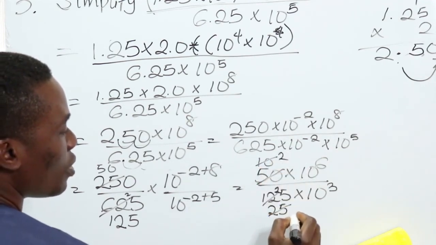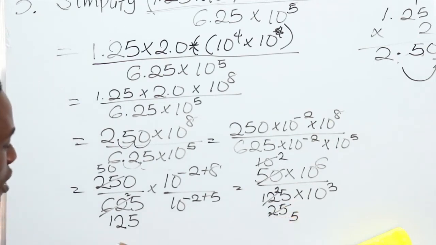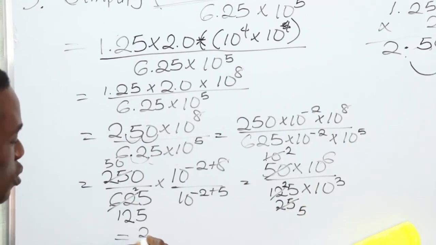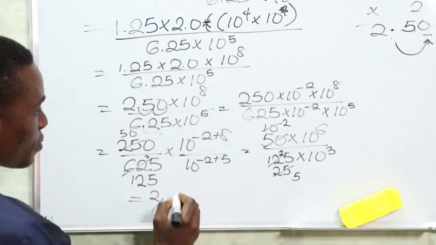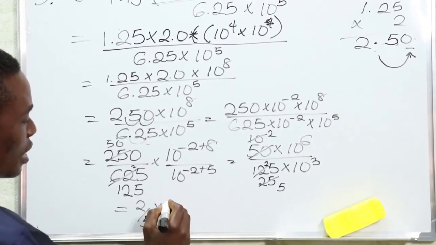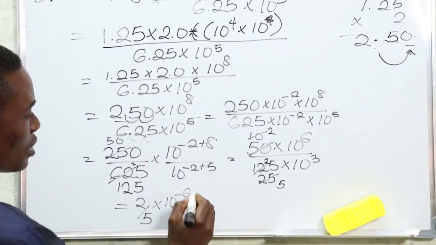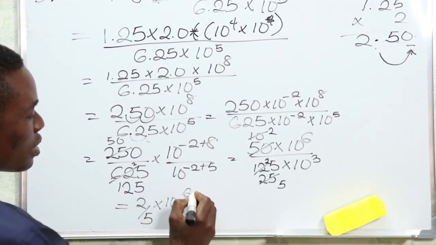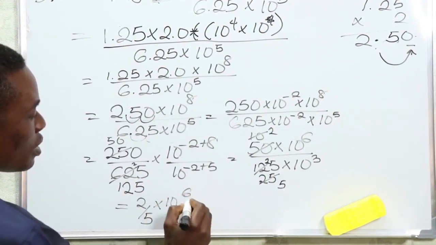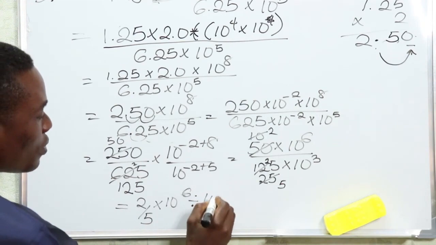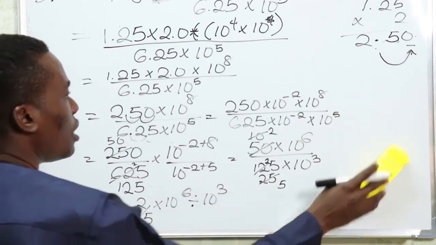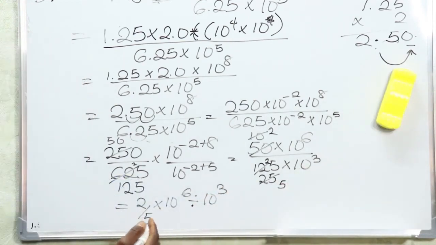Then 5 in 8 will give us 5. So generally this will now give us 2 over 5 multiplied by 10 raised to the power 6 divided by 10 raised to the power what? 3. Now let's look how we can simplify this further.